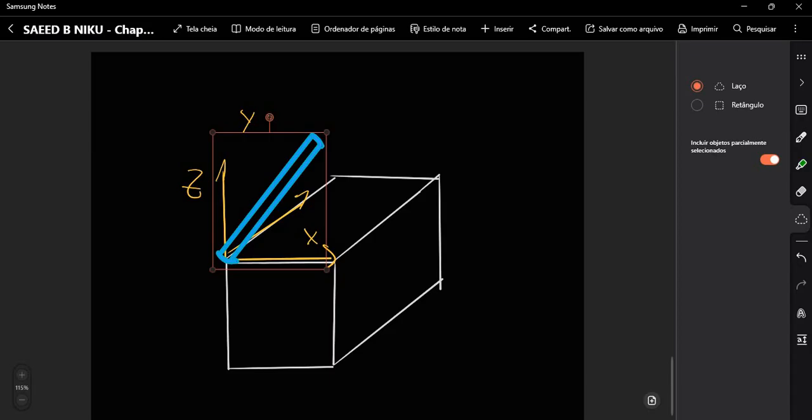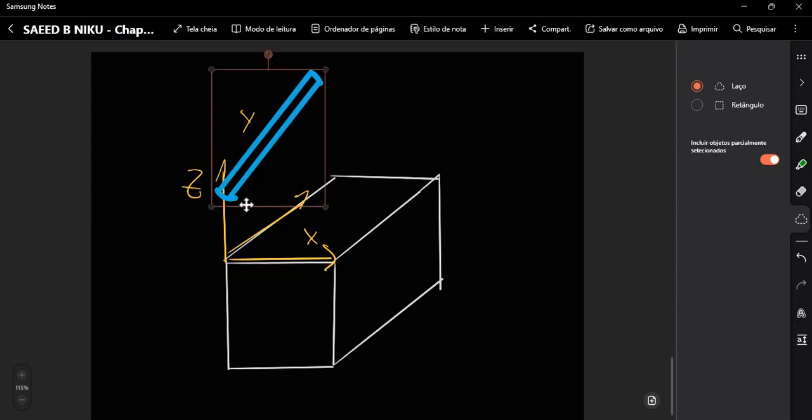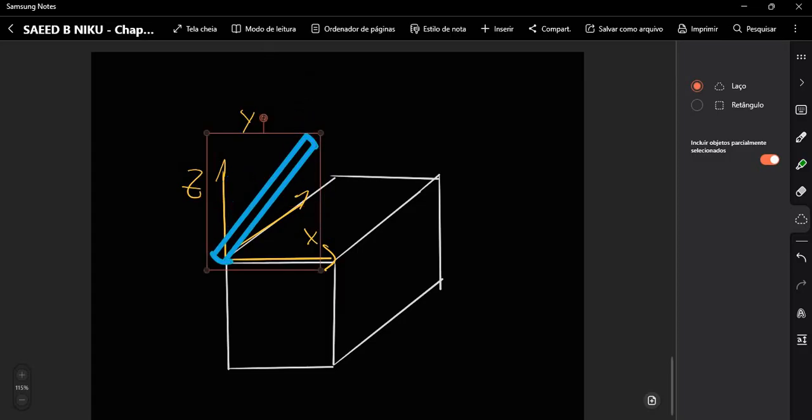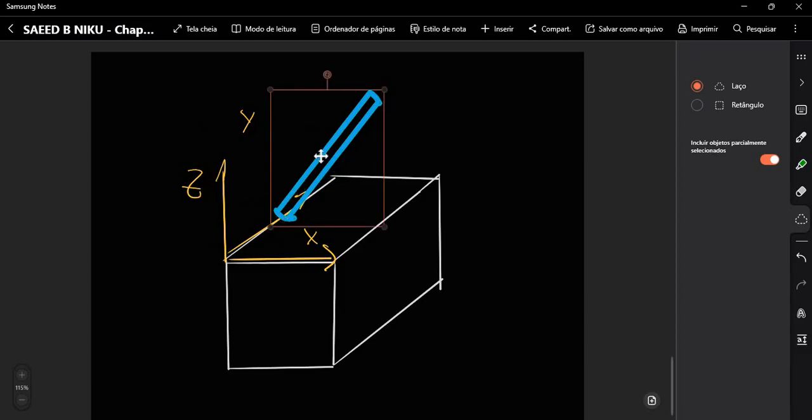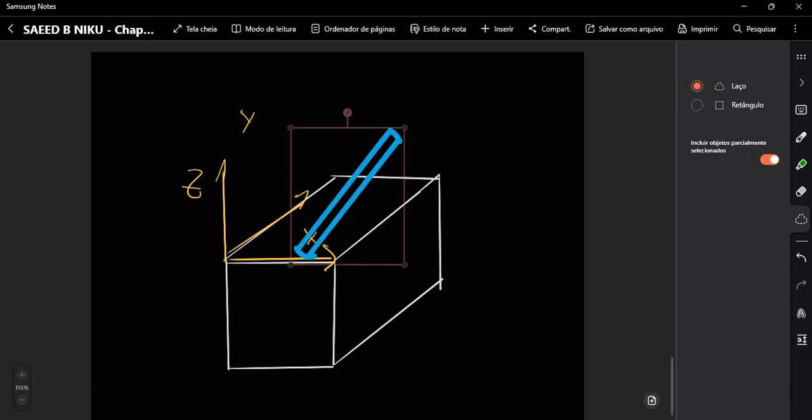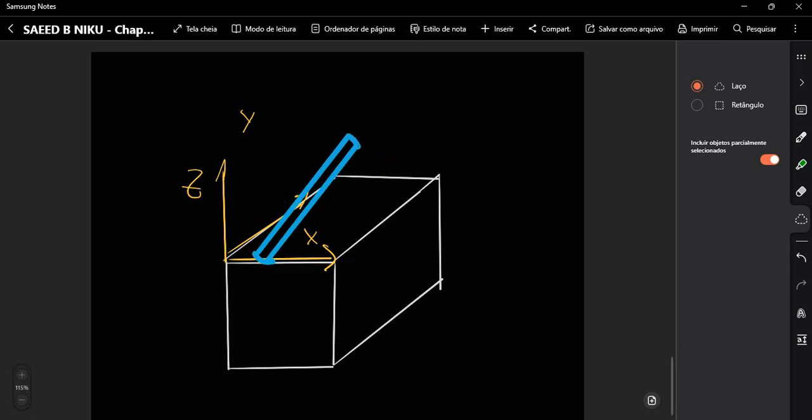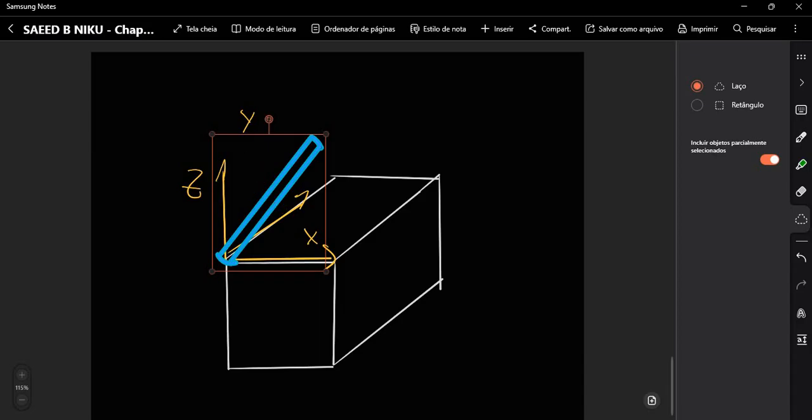Right here we are limited to transformations of translation along the x, y, and z axes, but we can go to here. So we made a transformation, and down a second transformation, and to here a third one, a fourth. Okay, so that is how this robot arm is moving on this coordinate system, which is the Cartesian coordinate system.